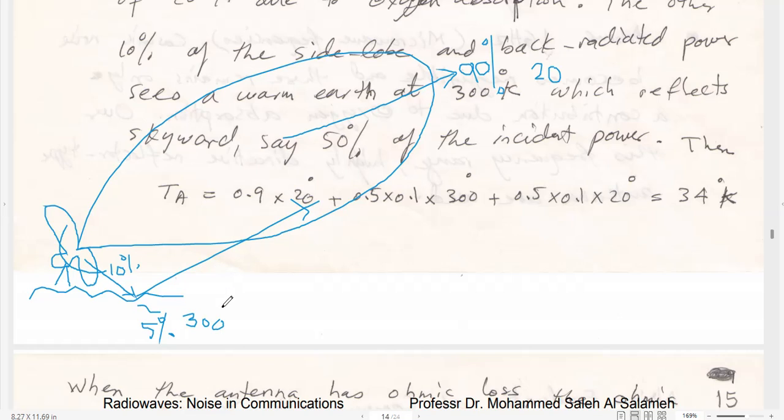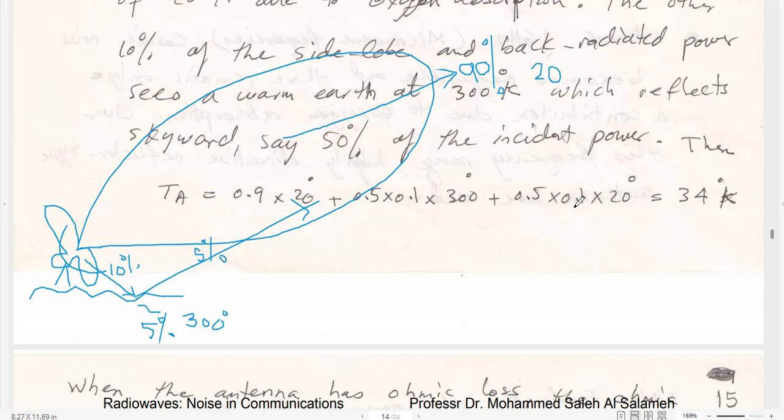How can we calculate the antenna noise temperature? For this portion, which is 90%, we multiply 0.9 times 20. And this 10% is divided between 5% and 5%. This 5% has a temperature of 300, because 0.5 times 0.1 is 0.05, which is 5%. And the other 5% has 20 degrees.